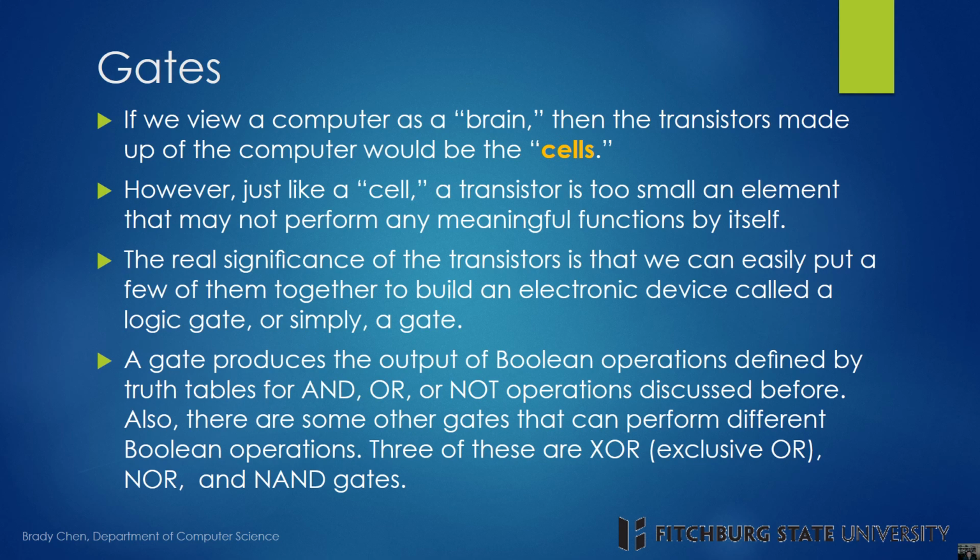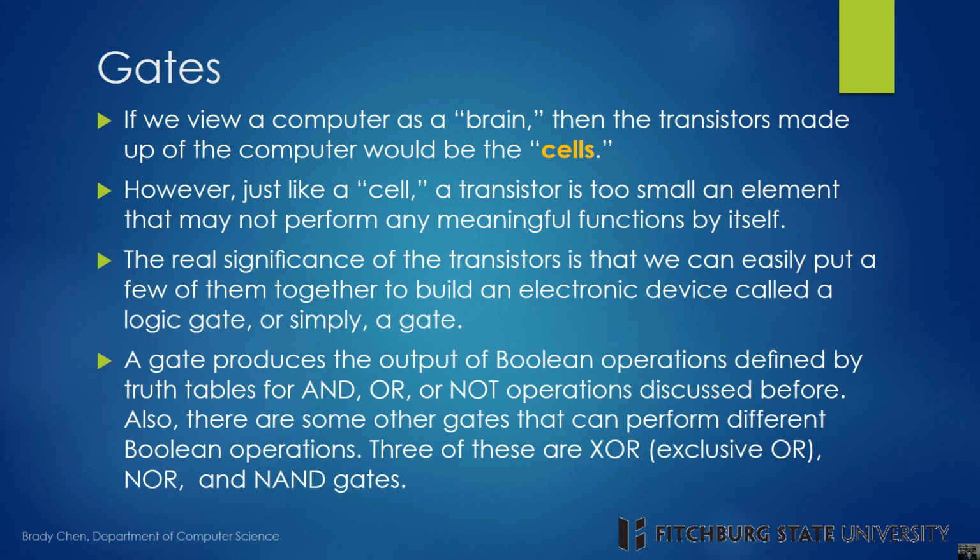Now, if we view a computer as a human body, then the transistors that make up the computer are the cells. Transistors can control whether we let the electricity pass through or not. However, because a transistor is too small a component, it cannot do any meaningful things.